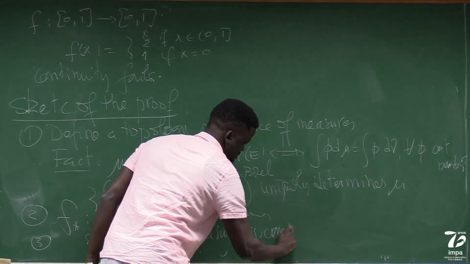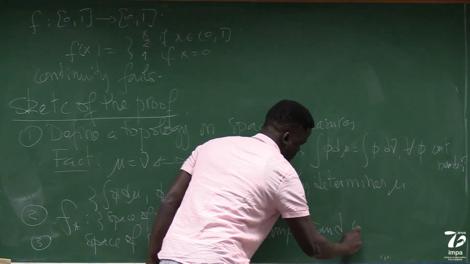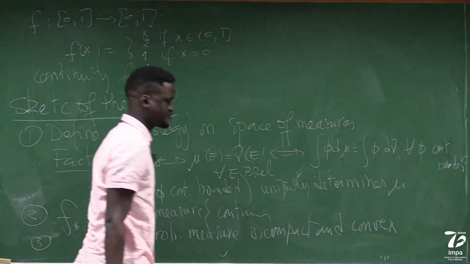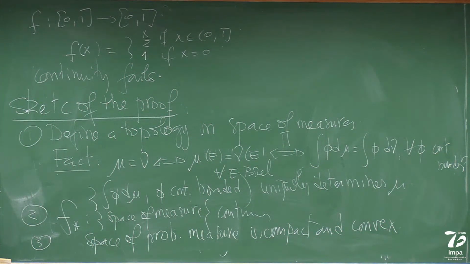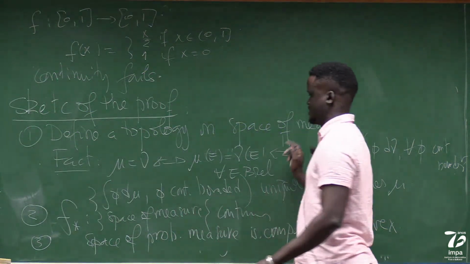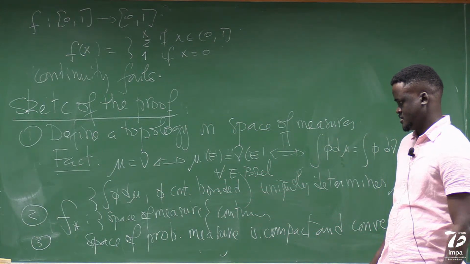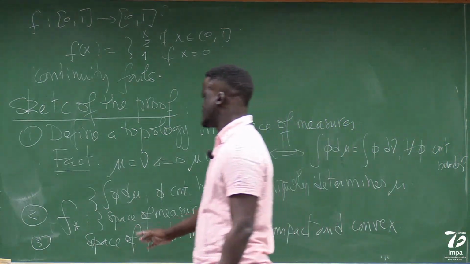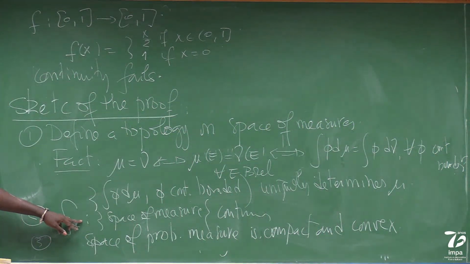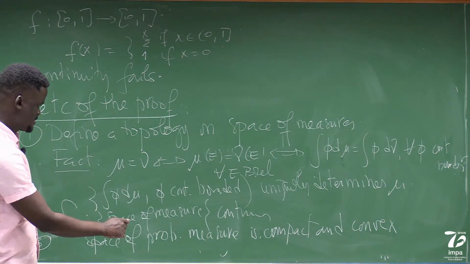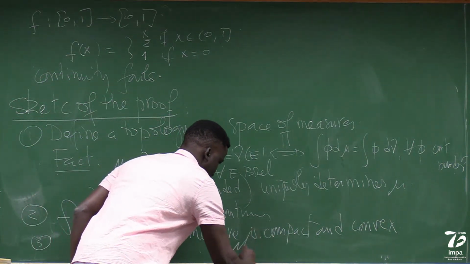Convexity is okay: if you have probability measures and take a convex combination, it will again be a probability measure. But being compact in this topology that we will define is something that requires some work. And once you have it compact, you have F star acting on a compact space. The space of probability measures we usually call M1.